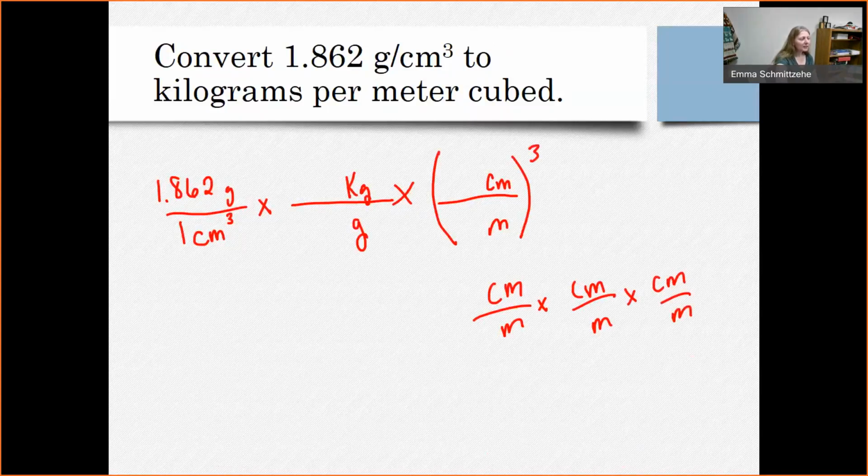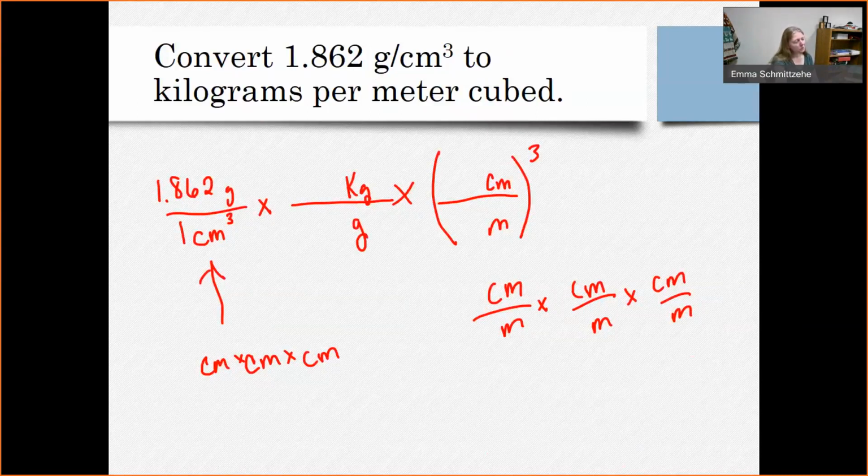And that is going to cancel out this centimeters cubed, because that is really centimeters times centimeters times centimeters. So you're doing a conversion, we know, a relationship between centimeters and meters 3 times, okay? And so usually it's best to either write it as a cubed conversion, okay, or to write it 3 times, okay, whichever helps you.